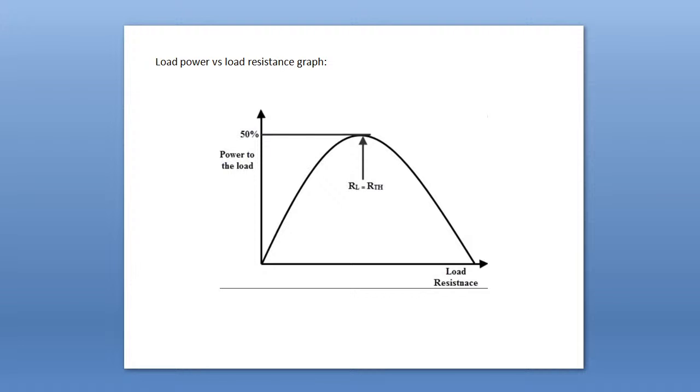If your circuit is not a pure resistive circuit, but consists of resistor, capacitor and inductor, or resistor and capacitor only, or resistor and inductor only, or both, then what will be the maximum power transfer condition? Is it ZL equal to ZTH? ZL equal to ZTH, load impedance is equal to Thevenin's impedance.